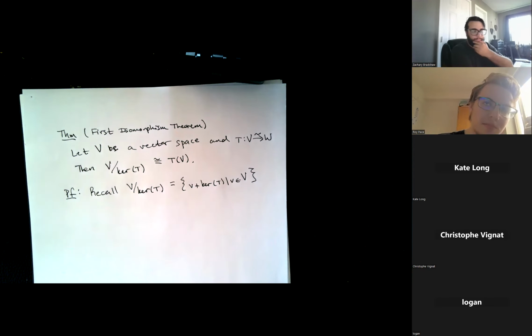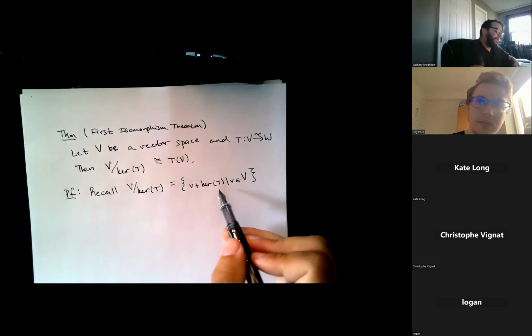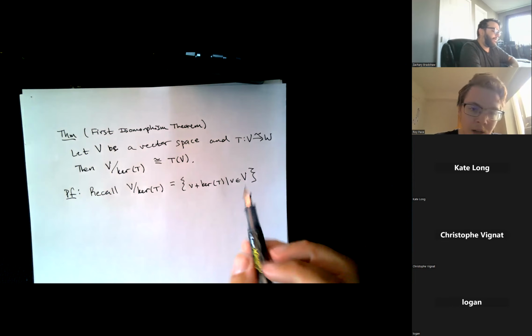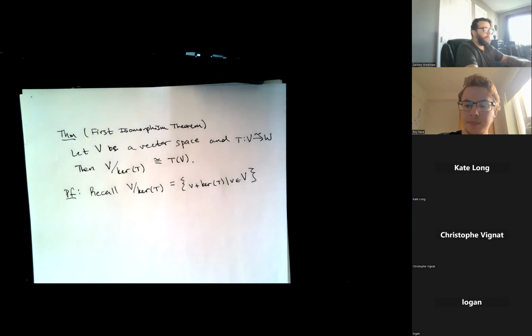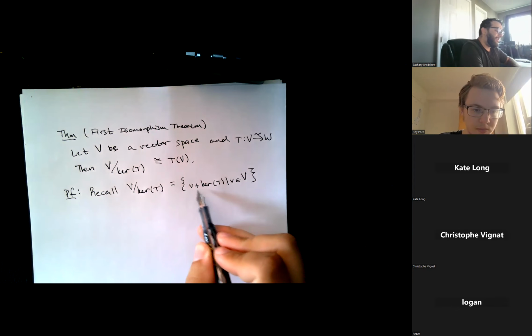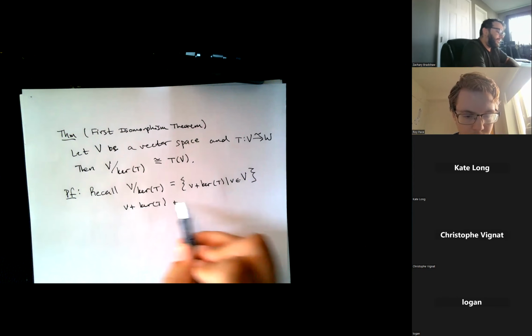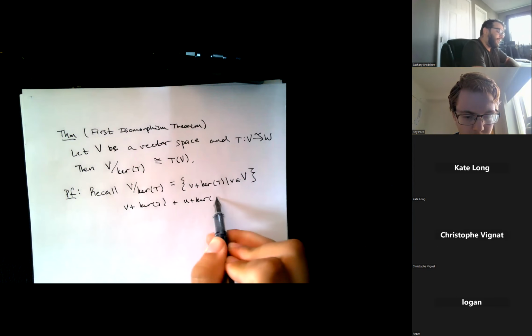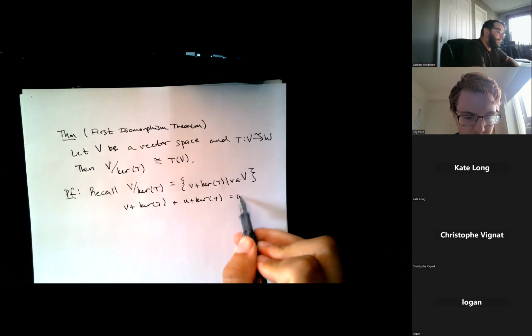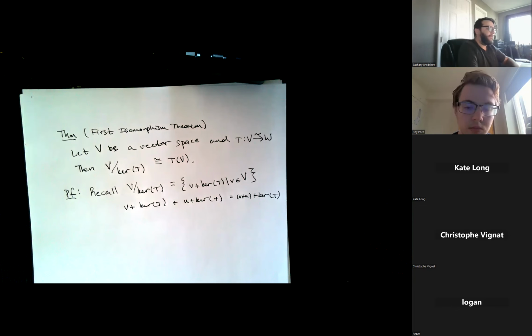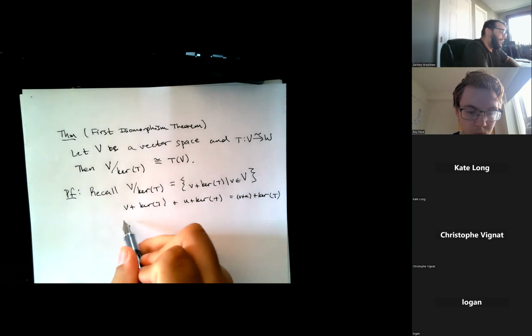Okay. And this thing is in fact a vector space itself, right? So it's an abelian group where the addition is defined as (v plus kernel of T) plus (u plus kernel of T) is v plus u plus kernel T. So that's how we define the addition, and the scalar multiplication is defined similarly.